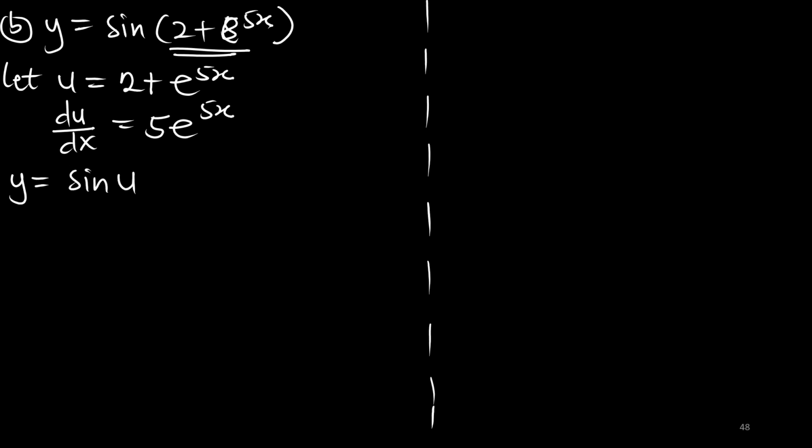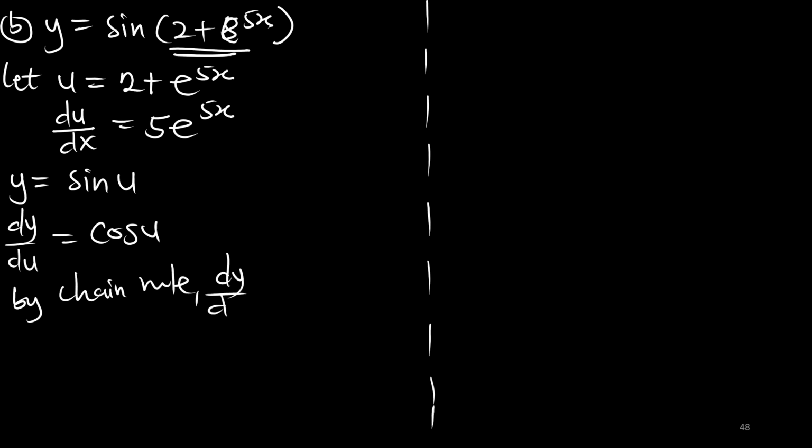Applying dy du, sine u, if we differentiate, is going to give us cos u. And by chain rule, if we want dy on dx, that is going to be dy on du multiplying du on dx.